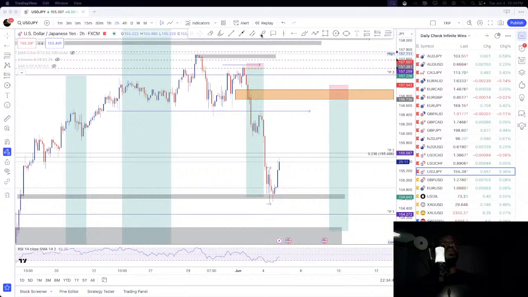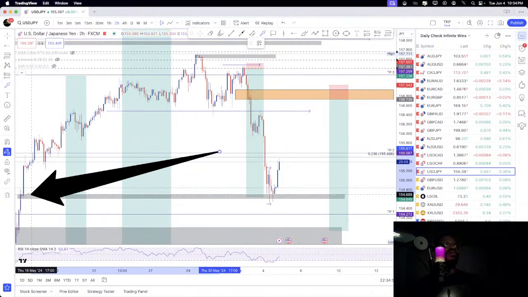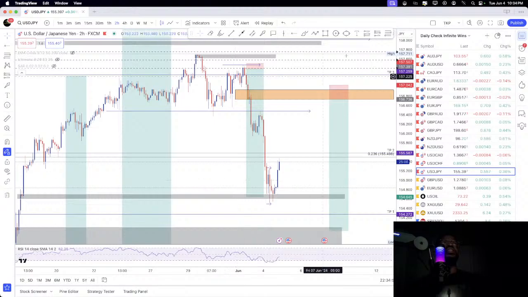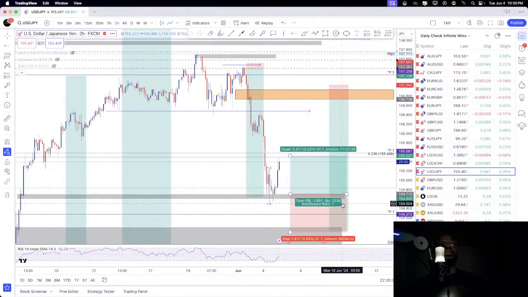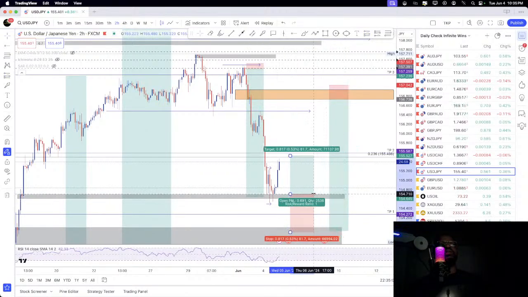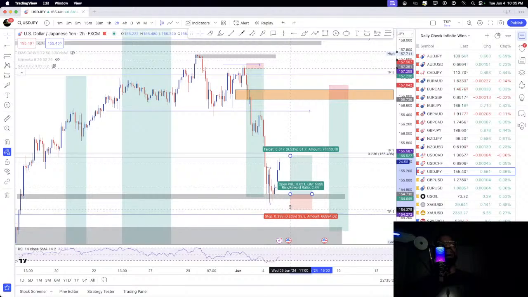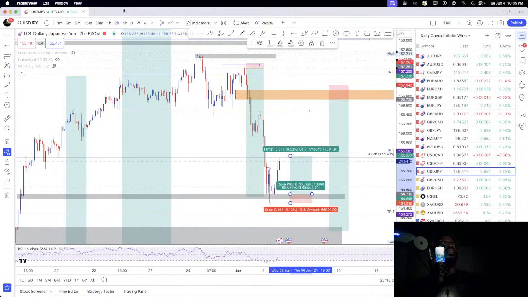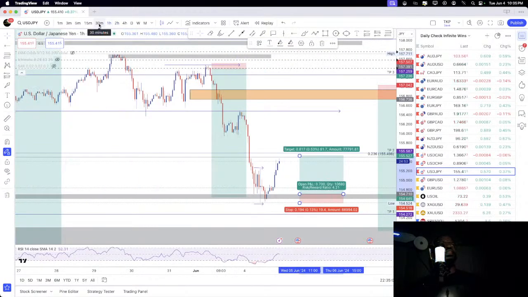But if we would have taken this buy from our buy zone, that would have been a beautiful setup. Looks like we could possibly get a pullback, so we may not be out of the woods. Okay, let's try this.